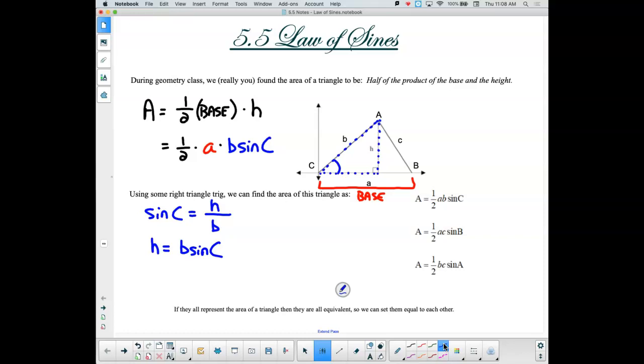So the area of my big triangle would be 1/2 A times B times the sine of C. That's this one right there.